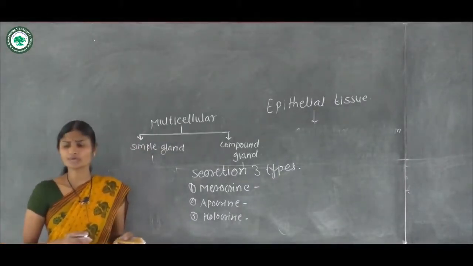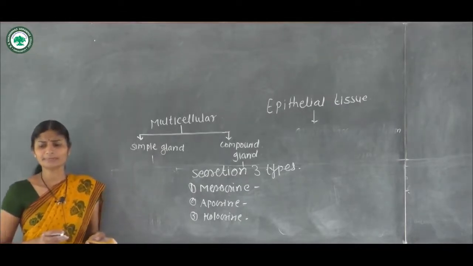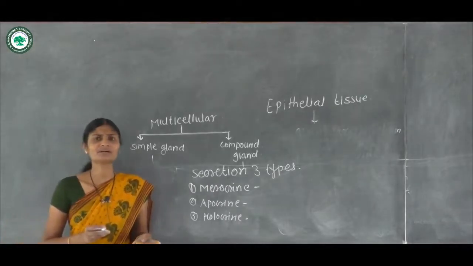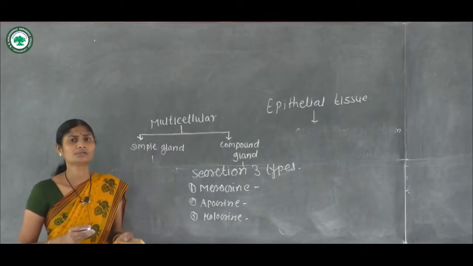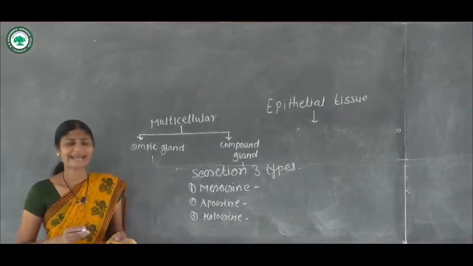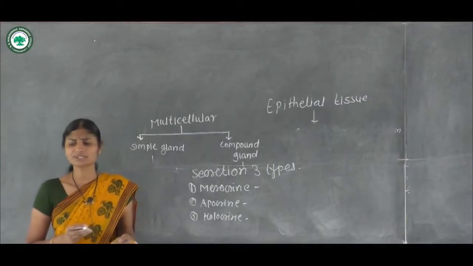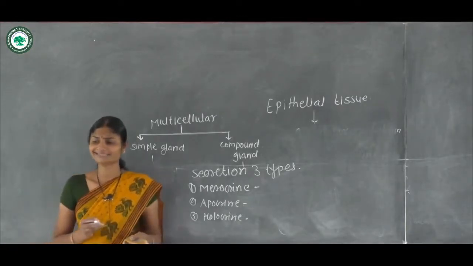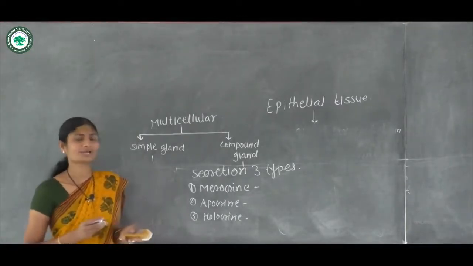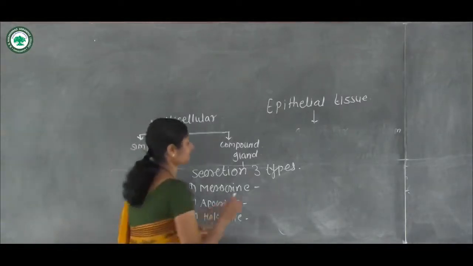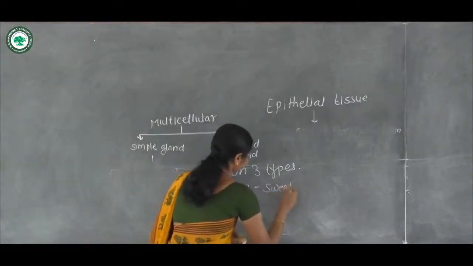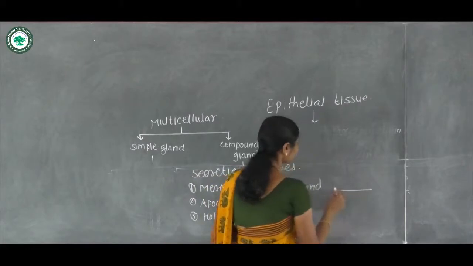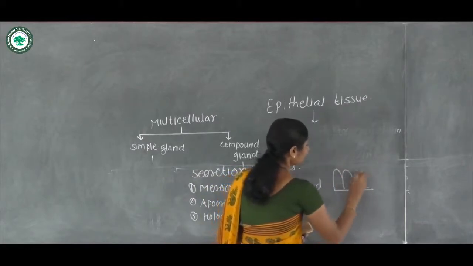In exocrine glands, secretory products are accumulated below the free surface of the cell and are released constantly into the lumen of the gland, but at the time of release there is no change or loss of cytoplasm. These cells are present in sweat glands. This diagram shows the exocrine cells.